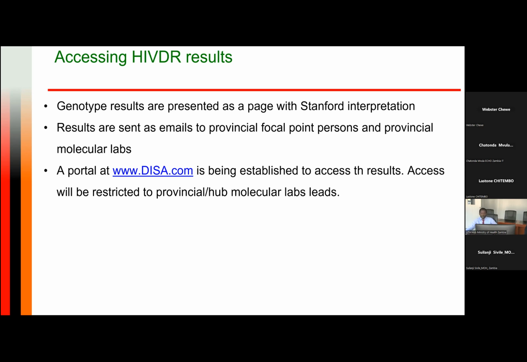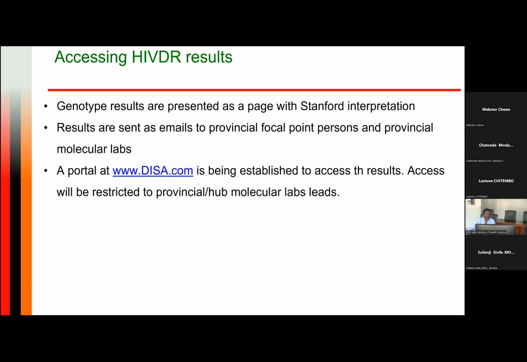But again, I think the province needs to organize itself in Copper Belt because the capacity is there. Even the HIV drug resistance labs at ADH, the problem that they have is samples and requests. Samples are not being taken, requests are not being done for these patients. And that's my answer.